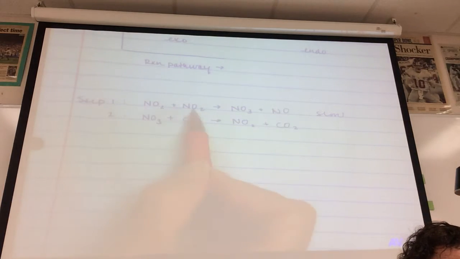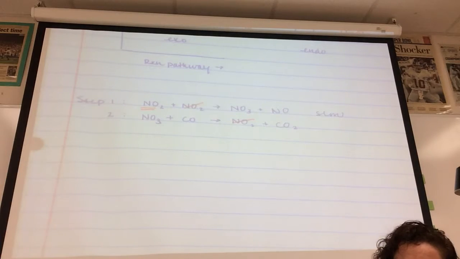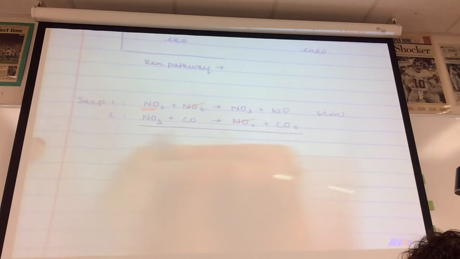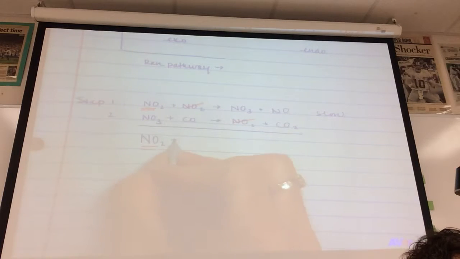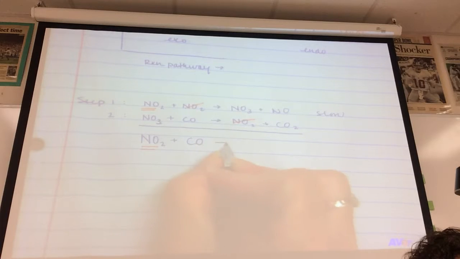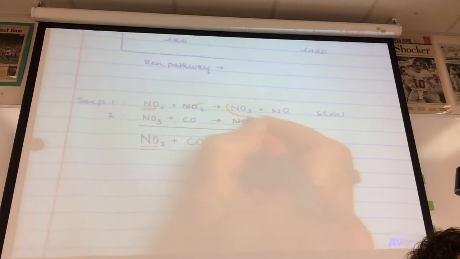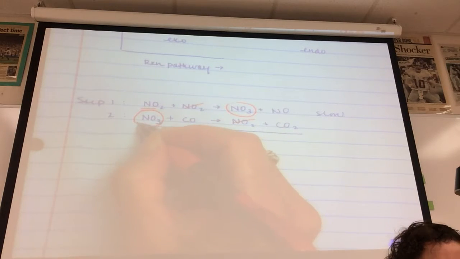So I have 2 of these and 1 of these. So I'm going to cancel 1, and this piece is going to drop down. First reactant. I have CO on the left and nowhere else. Second reactant. I see NO3 here and here. So those are going to cancel as well.